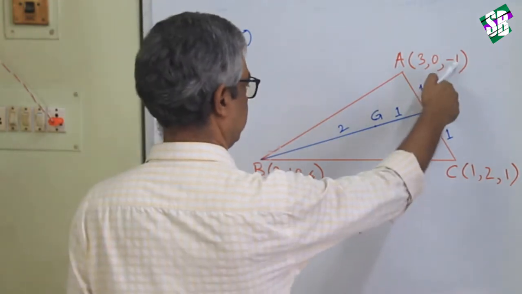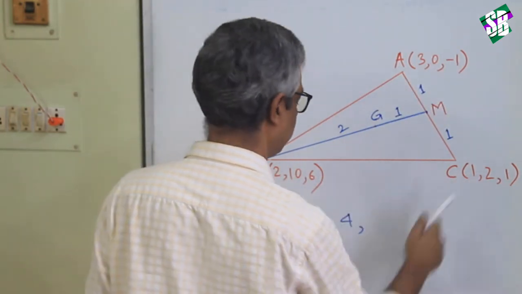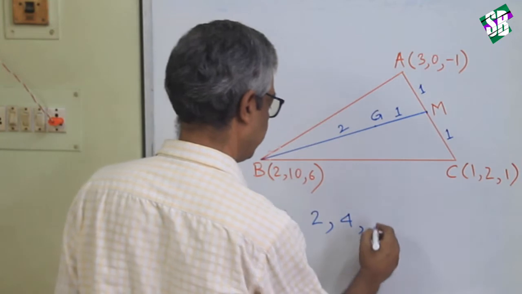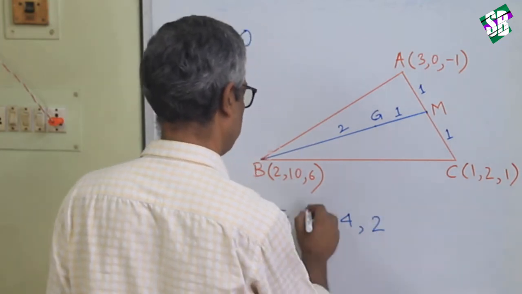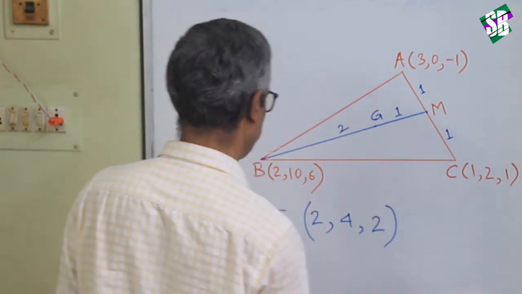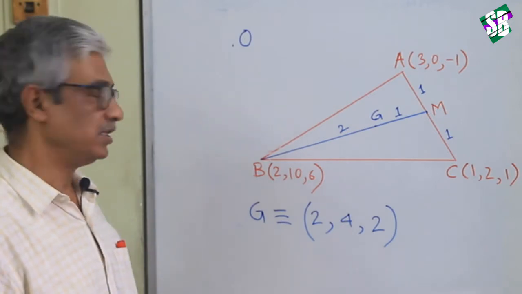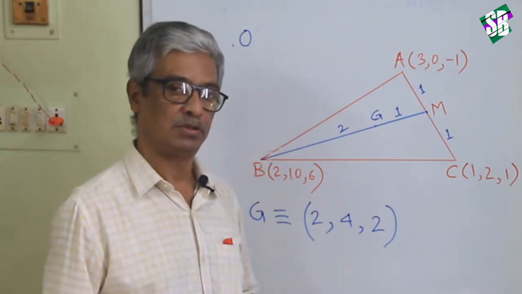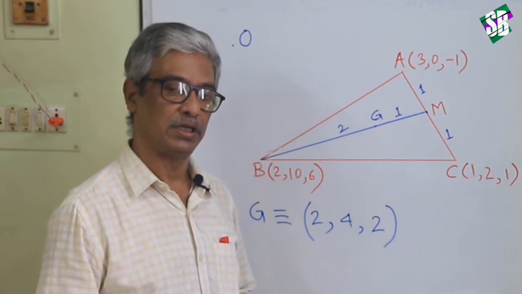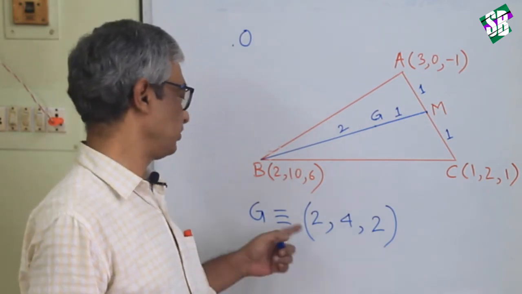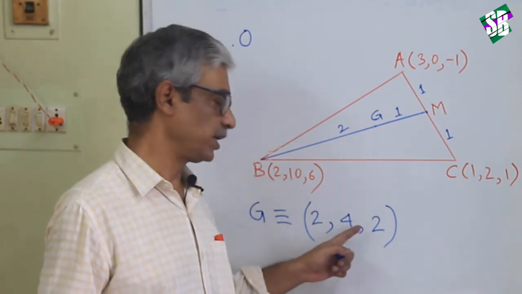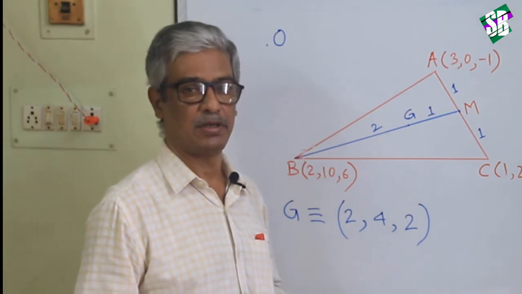And next is 5 plus 1, 6, 6 by 3 means 2. So the position vector of G is 2, 4, 2, that is, 2i cap plus 4j cap plus 2k cap.